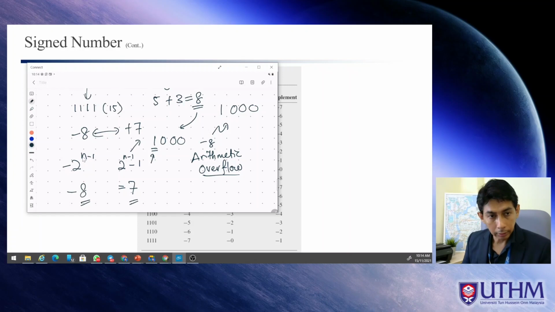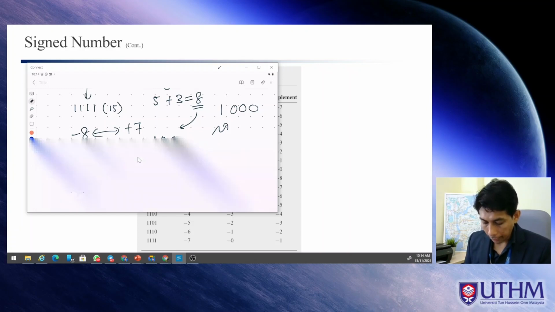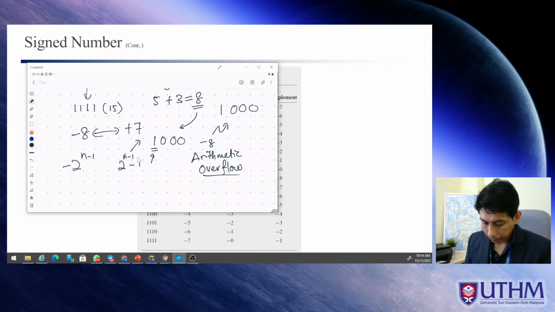So this formula is always correct when you change to another or bigger system. For example, if you have an 8-bit system where n equals 8, the maximum positive number is 2 power of 7 minus 1, which is 127, right? And for negative it is minus 128.